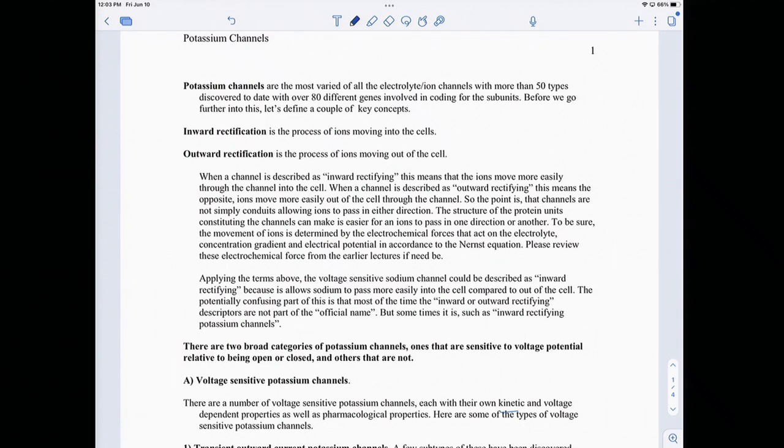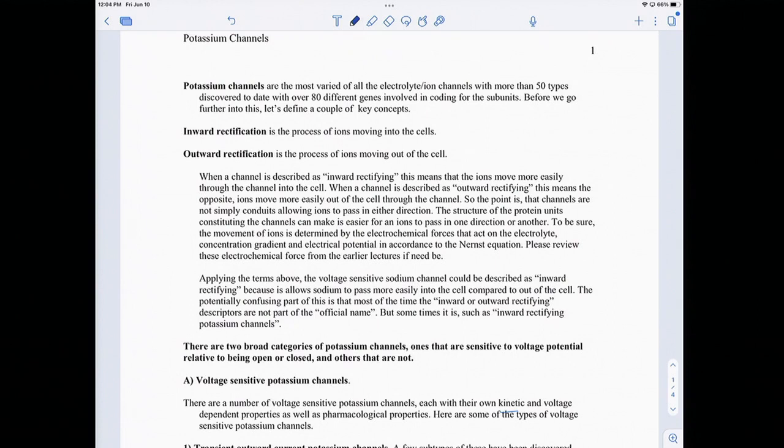Why we want to spend a little more time on potassium channels is because, of all of the ion channels, the potassium channels are the most diverse and most complex. There are over 50 types of potassium channels that have been characterized to date.